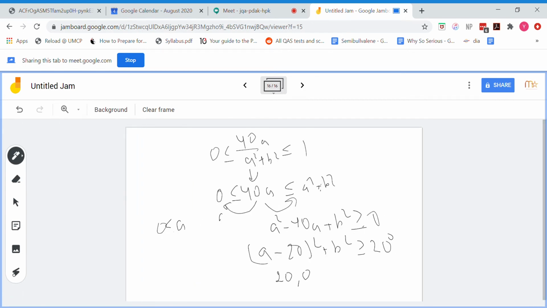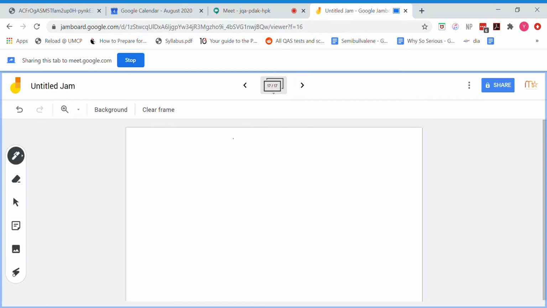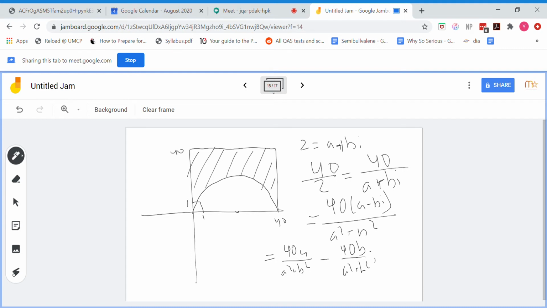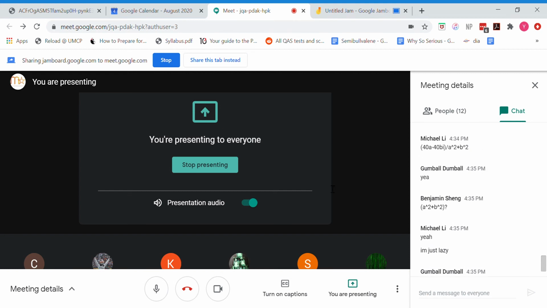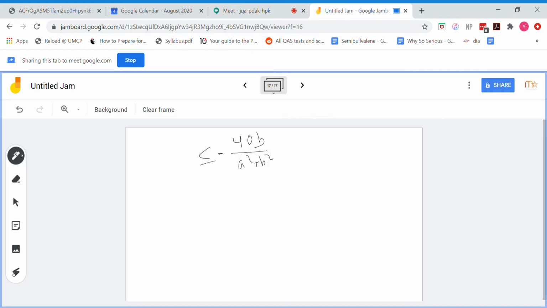Okay, now let's deal with the second condition. So we have 40B over A squared plus B squared, in fact, negative 40B over A squared plus B squared, is less than or equal to 0 and greater than or equal to negative 1.